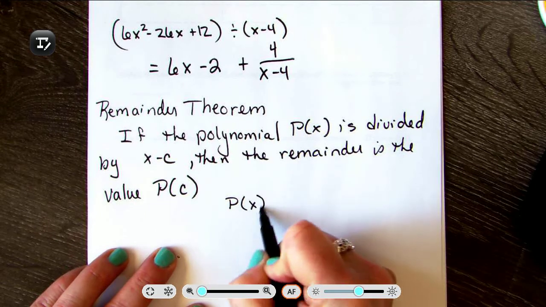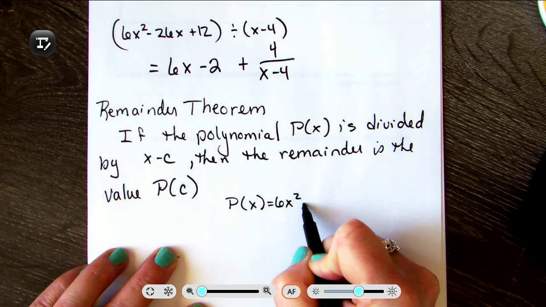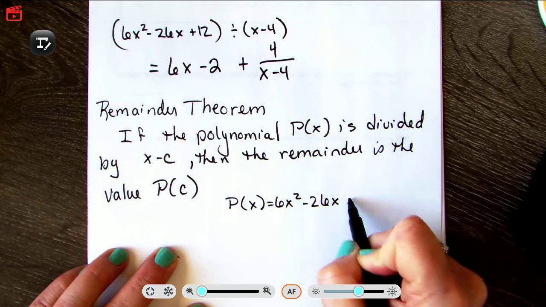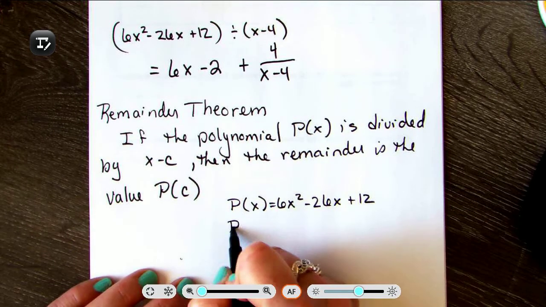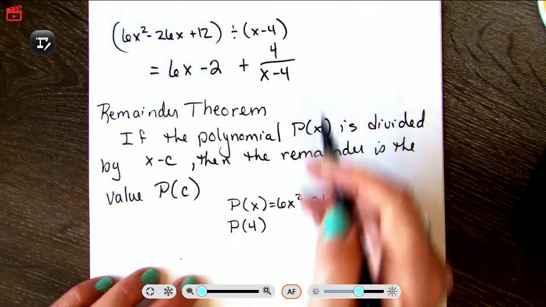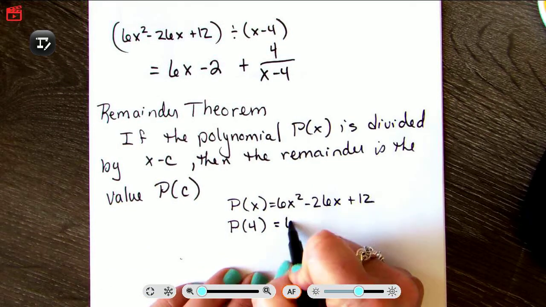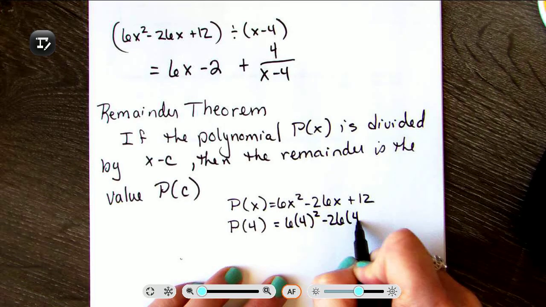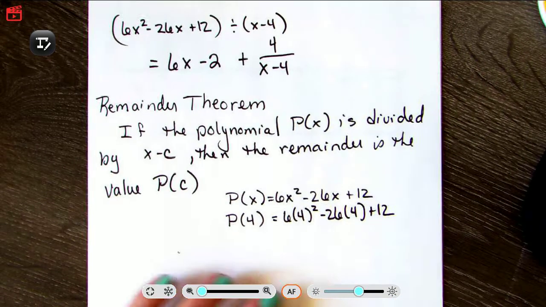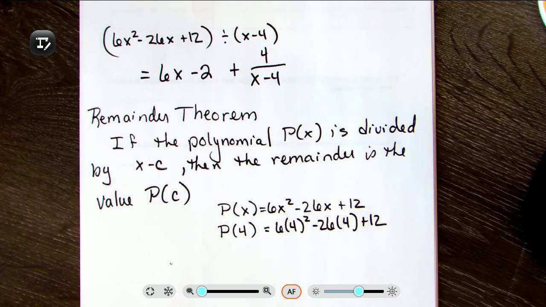So in other words, here was my polynomial that we just did. P of x was this 6x squared minus 26x plus 12. P of 4, which is what we were dividing by, if I put 4 in there, I'm going to have to do a little bit of work here. I'm just going to show you that it does work. Okay, so I take 4 squared, which is 16, and I multiply that by 6.